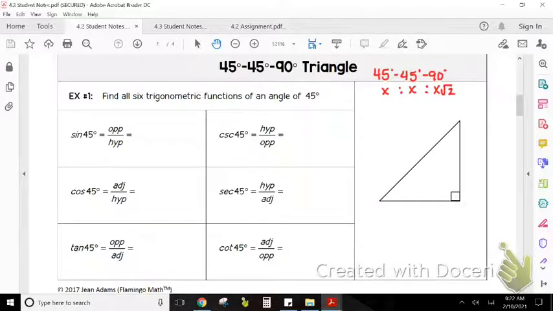For our purposes, we're going to let our x be a 1. So it's actually going to be 1, 1, and then 1 square root of 2, which is just square root of 2. So the first thing I need to do is to label my angles. We can see the 90-degree angle, and so we know each of these is 45 degrees.